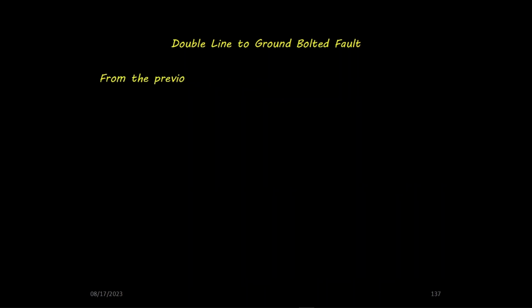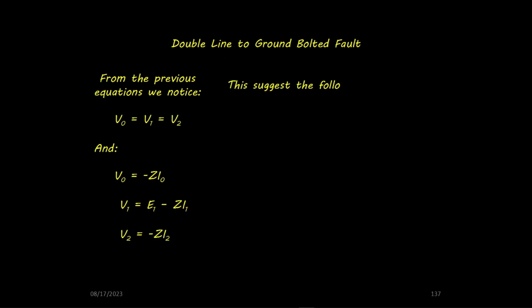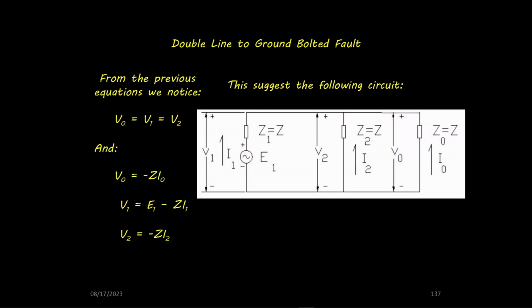From the previous equations we notice V0 equals V1 equals V2. And V0 equals minus Z0 times I0. V1 equals E1 minus Z1 times I1, and V2 equals minus Z2 times I2. This suggests the circuit shown.